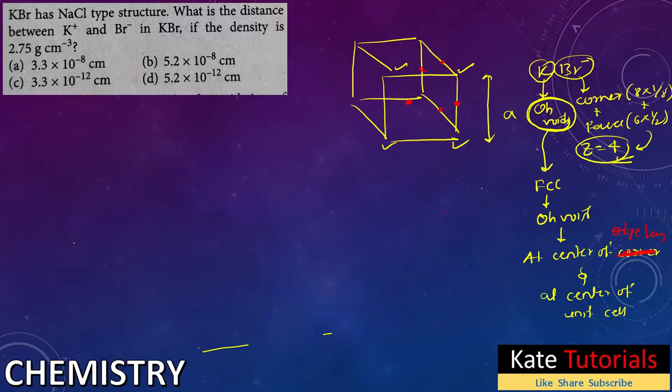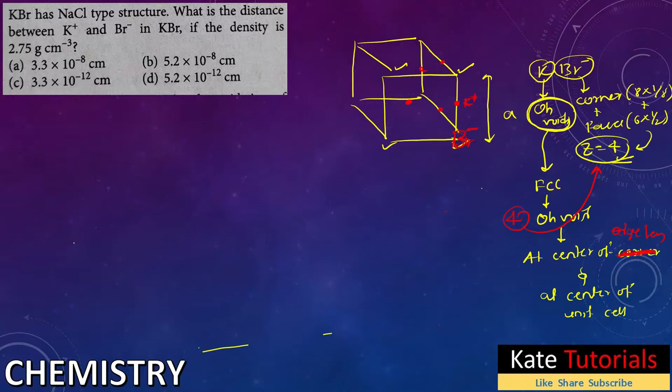Total octahedral voids will be 4, because the number of octahedral voids is the same as the number of atoms. So K plus will occupy the edge center, as it is present in octahedral voids, whereas Br minus will occupy the corners.